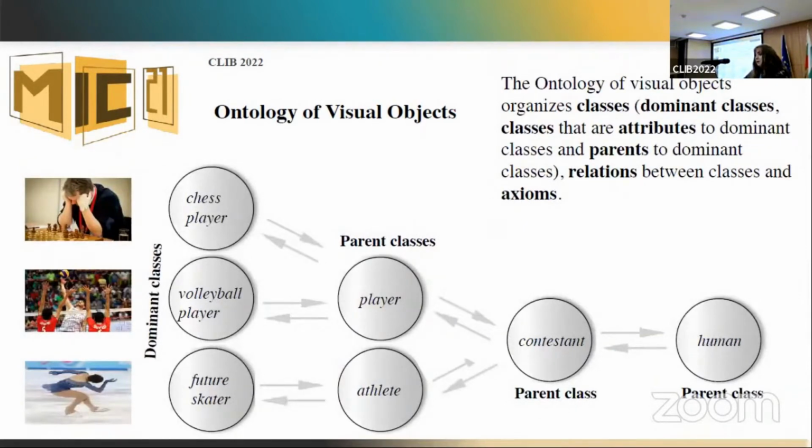Our ontology consists of classes, relations, and axioms, as most ontologies do. What is different for our ontology is that classes are divided into dominant classes, attributes, and parents. For example, player is a parent class to volleyball player, and contestant is a parent class to player, and so on.